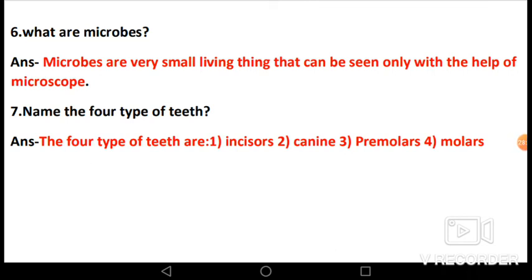Microbes are very small living things that can be seen only with the help of a microscope, which is an instrument. Seventh is name the four types of teeth. According to their function, there are four types of teeth: incisors, canines, premolars and molars.